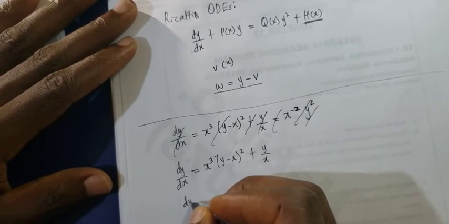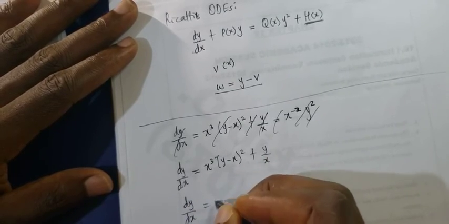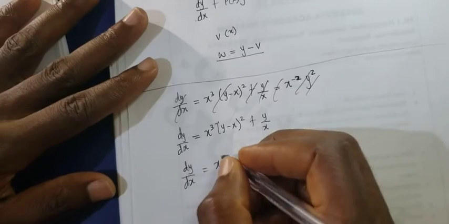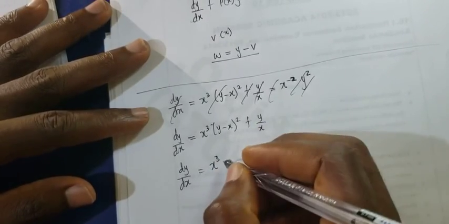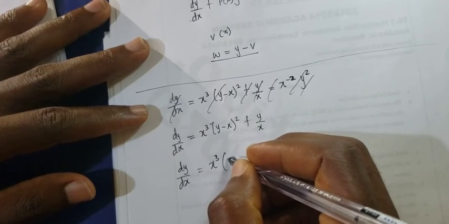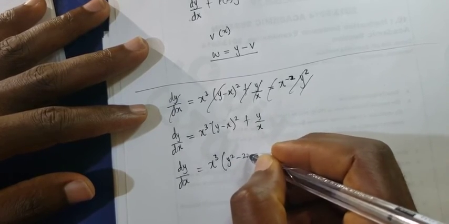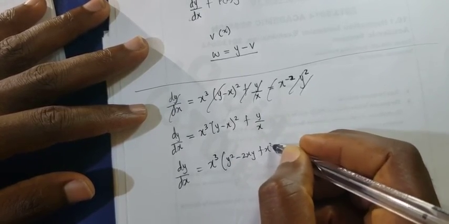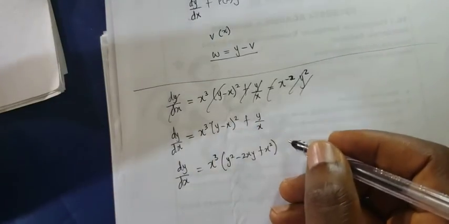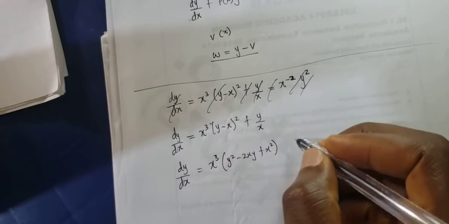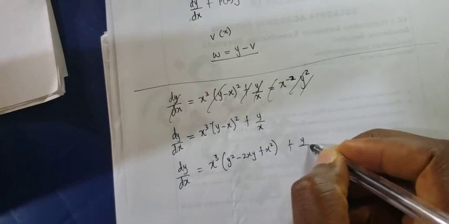So this is going to be dy/dx equal to x to the power 3, into y squared minus 2xy plus x squared. This part is not necessary, but it's good that we just do it. I believe everyone knows how we came about that. Let me just expand this, then plus y over x.